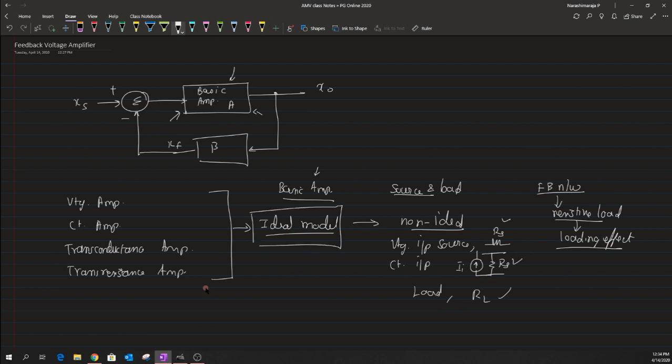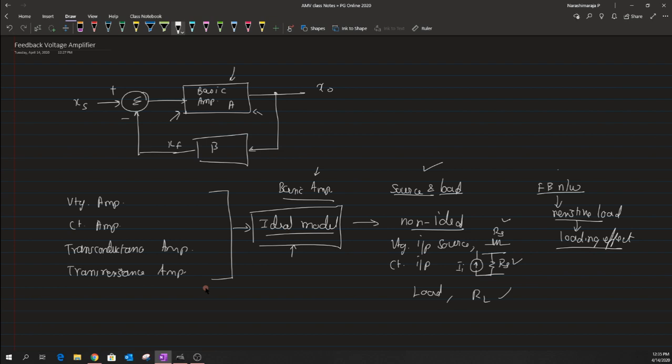Let us try to prove that with a set of examples. This is the conclusion that we derived in the previous session: we used the non-ideal model for the feedback network, as well as for the sources and the loads, except for the basic amplifier, which we took as an ideal model.